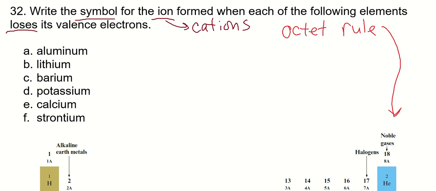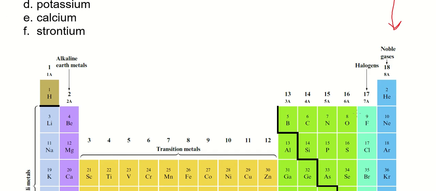So they want to have the same electron configuration of these noble gases. All right, let's go right into aluminum. Got to quickly recognize where these things are on the periodic table. And once you find it, you go to the group number. The last digit tells you the number of valence electrons. And you know all these main group elements in group 13 have electron configurations that end in s2 p1.